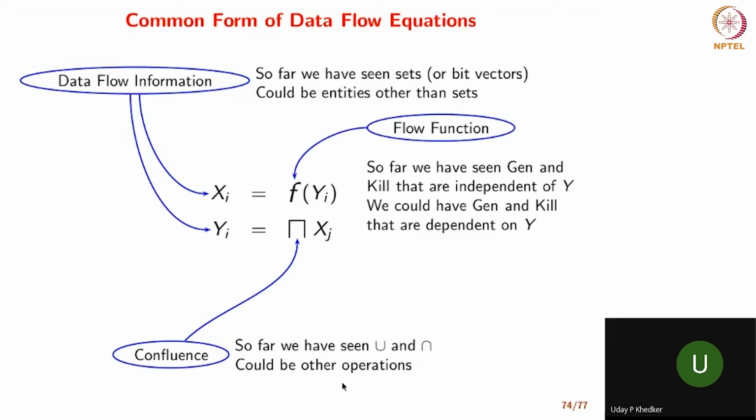And the lattice should be a set that has a partial order, which is reflexive, transitive, and antisymmetric. And once we have flow functions that are monotonic and closed under composition, these are the only things that we need for data flow analysis. Nothing else is needed. So what you can do with data flow analysis is only limited by these mathematical requirements. You can put it to a variety of different applications.